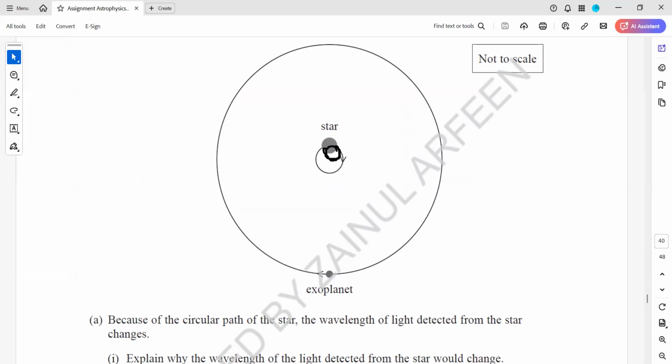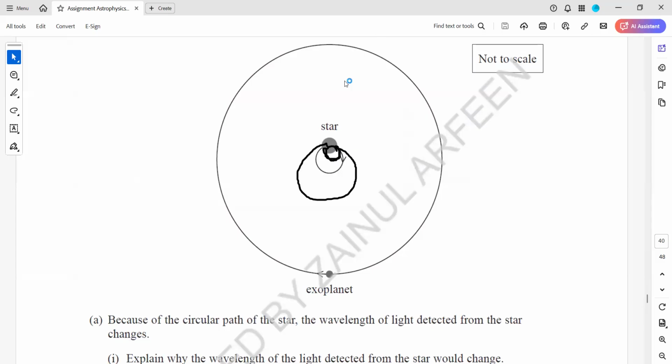Less massive exoplanets have weaker gravity because they have less mass, so the change in the wavelength will be very small, or we may not be able to detect it. But with a massive exoplanet, this change might be greater, so we can easily determine that the star is moving towards or away.